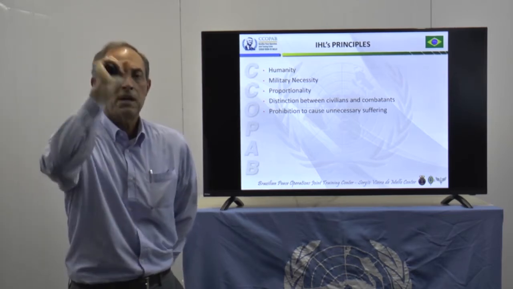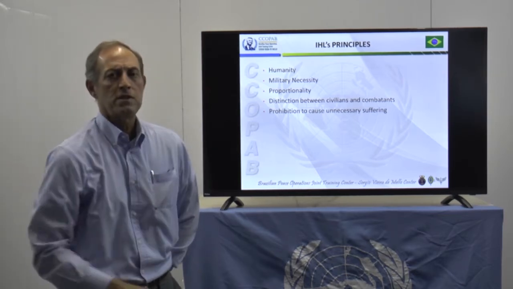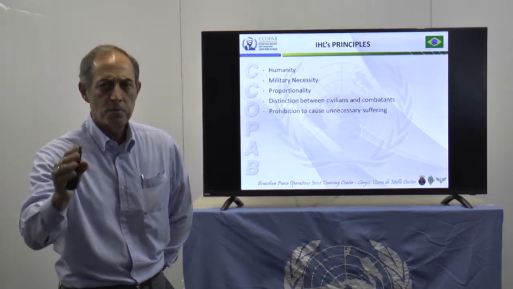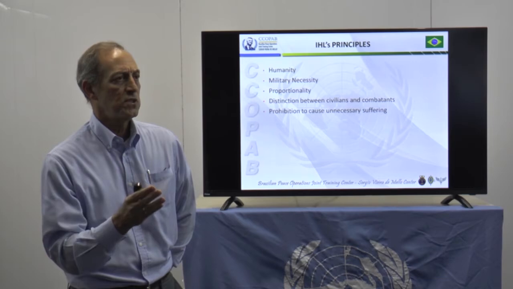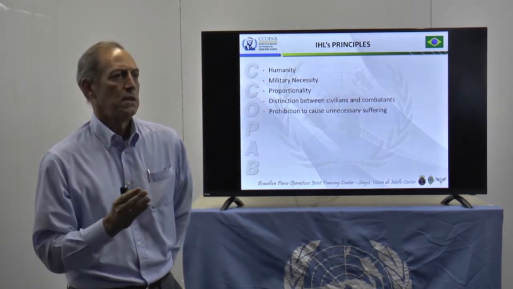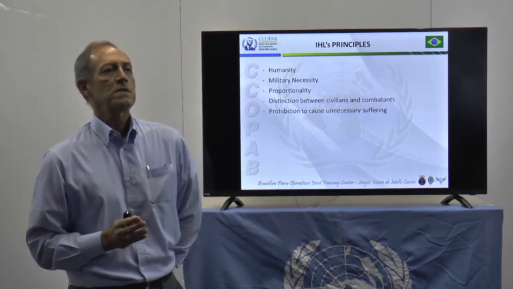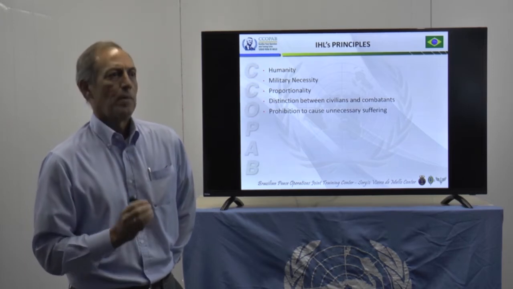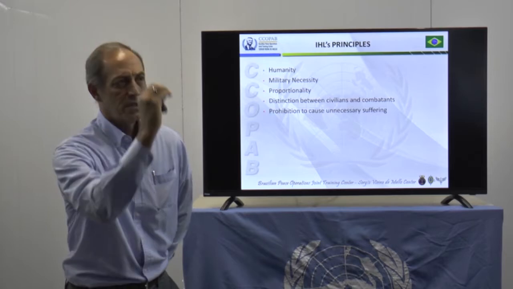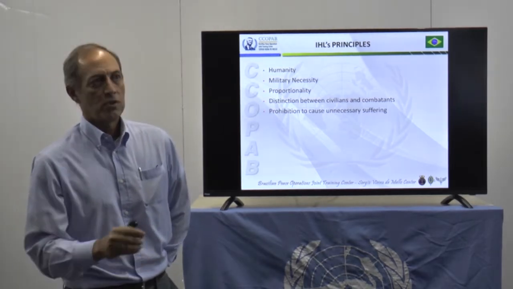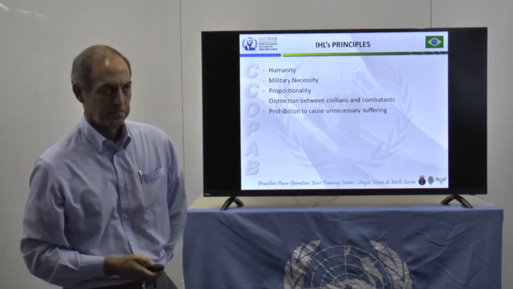It is the main idea for you during this lesson. So these principles, which ones? Humanity, military necessity, proportionality, distinction between civilians and combatants, prohibition to cause unnecessary suffering. You'll have to read these definitions to understand the entire concept.